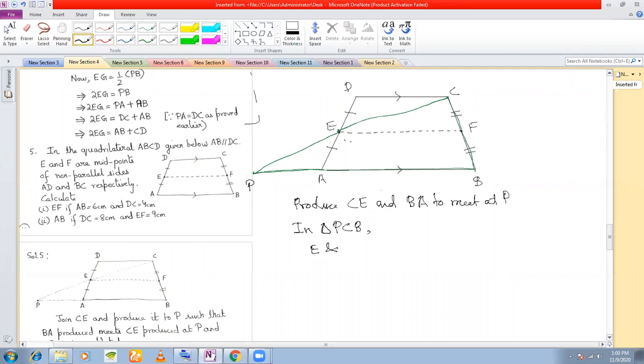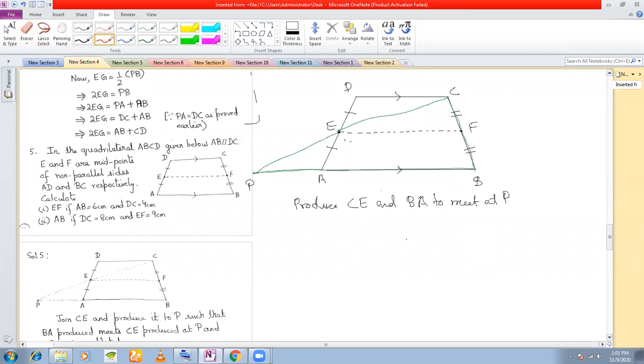E and F are midpoints of what sides? No, again, E is not the midpoint of PC. So you have to first prove that these two triangles are congruent.